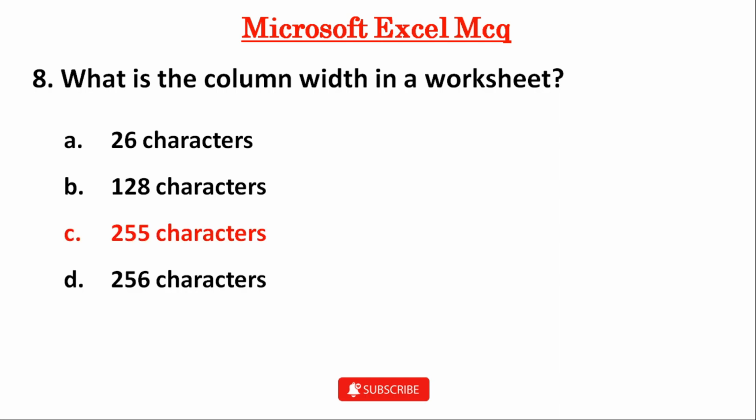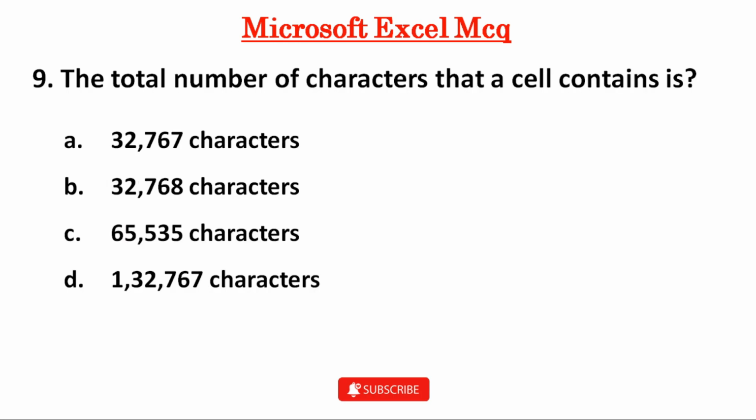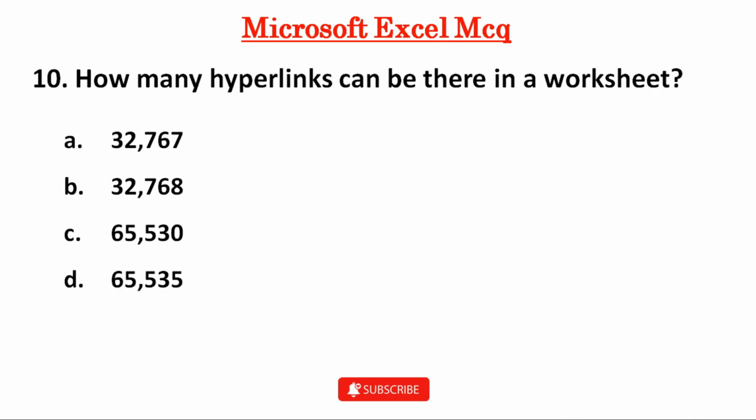Right answer is 255 characters. Next, the total number of characters that a cell contains is. Right answer is 32,767 characters. Next, how many hyperlinks can be there in a worksheet?